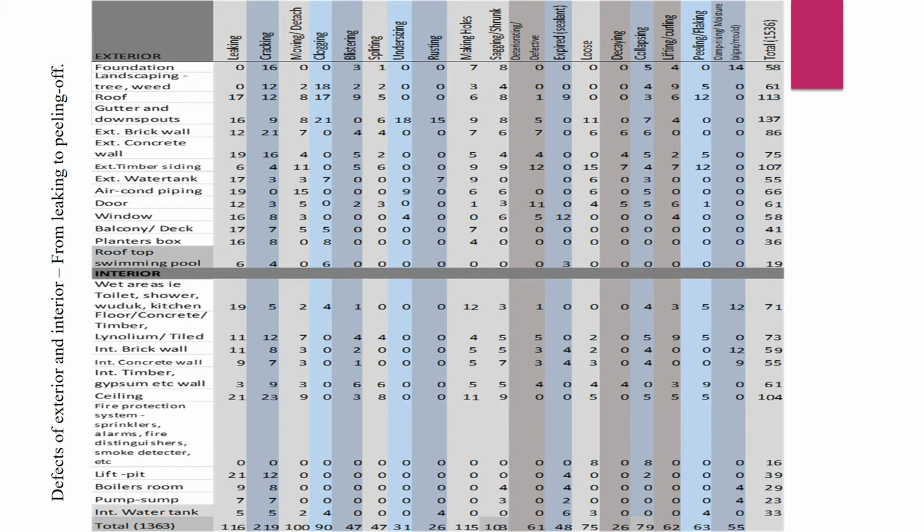So you have a range from leaking, cracking, moving, blistering, splitting, rusting, defects making holes, sagging or shrunk, defective sealant, expired sealant, loose, moisture, or algae or mold problems.